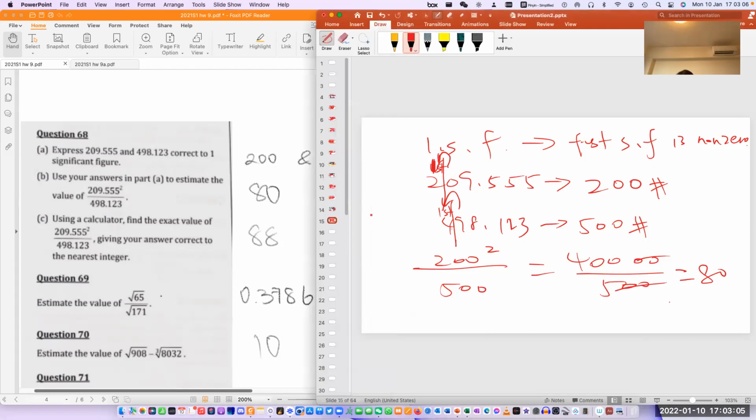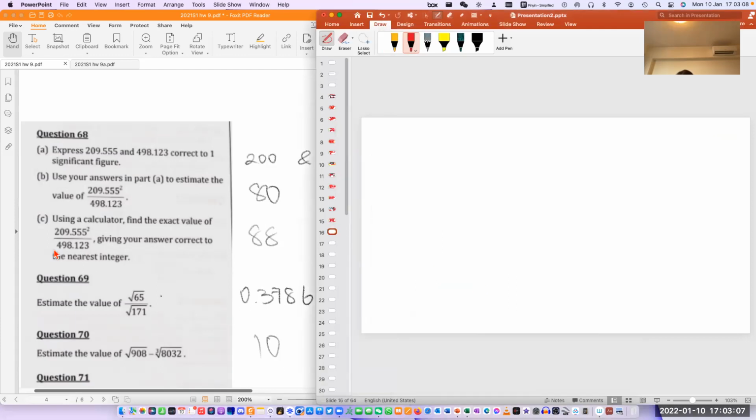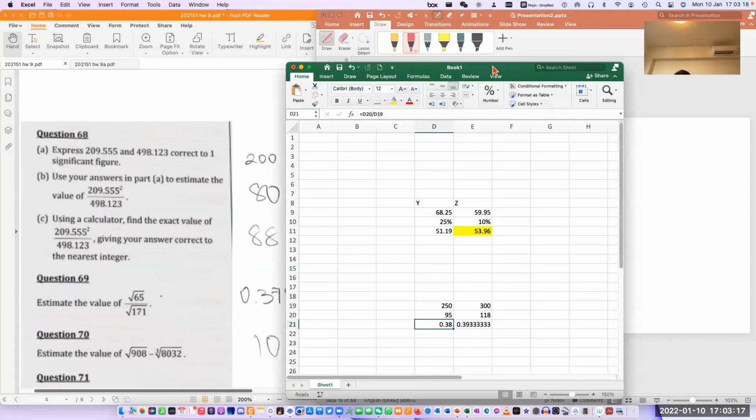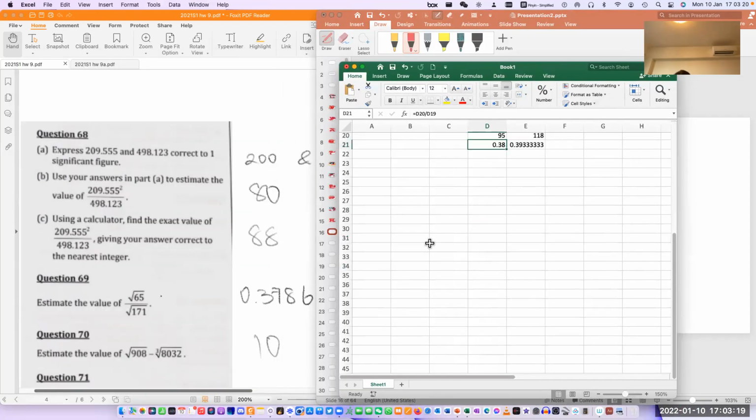Over here, part C is the one where you can use a calculator and then give your answer correct to the nearest integer. So just use your calculator, which I have here. So it's 209.555, and then 498.123.